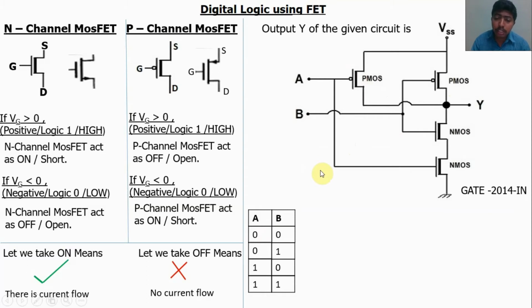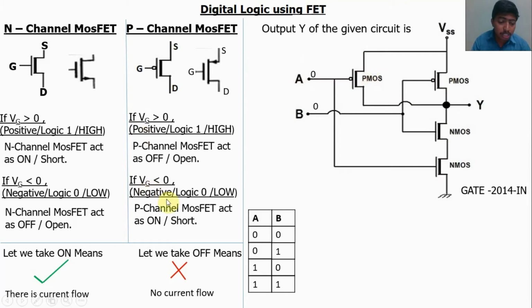For the input A equal to 0, B equal to 0, check the PMOS and NMOS on and off conditions. Let us take this as PMOS 1, this as PMOS 2, this as NMOS 1, and this as NMOS 2. For PMOS 1, logic 0, negative voltage, is applied.